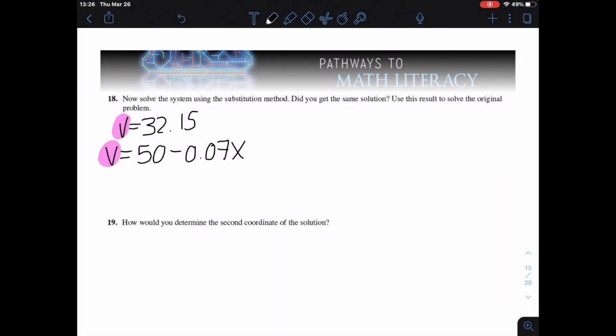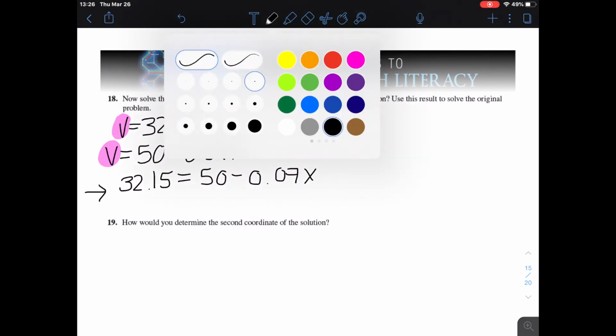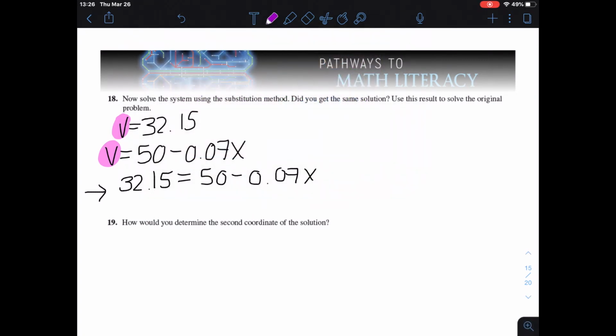We get $32.15 is equal to 50 minus 0.07x. To solve for x, we'll subtract 50 from both sides.